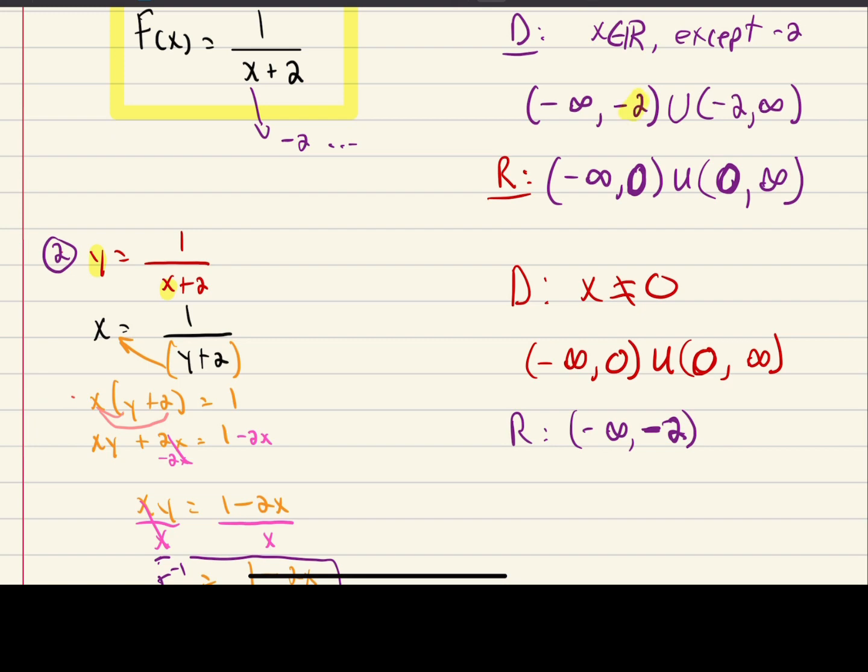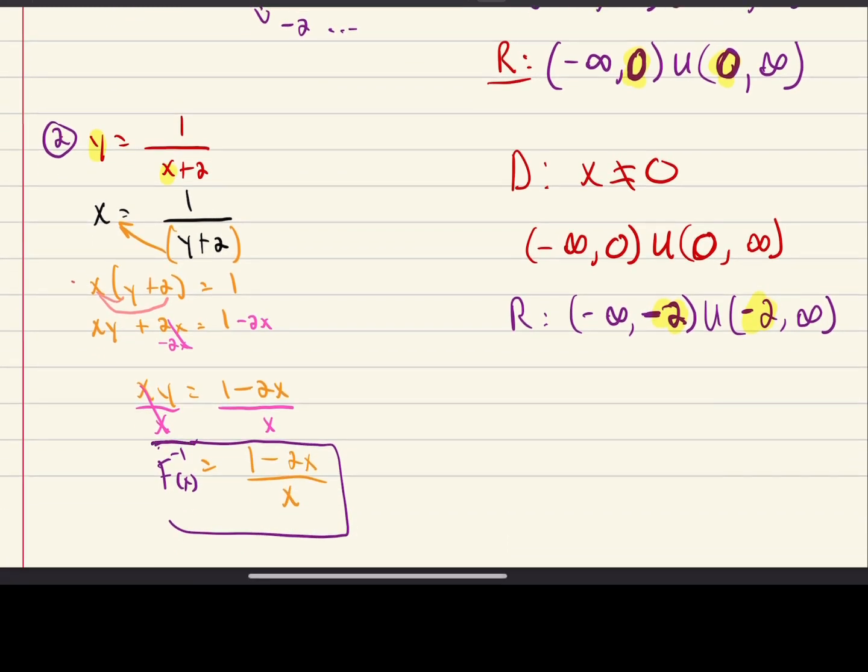I'm actually going to highlight them because they should be bolded. And then it also approaches positive infinity with the exception of negative 2, as follows.